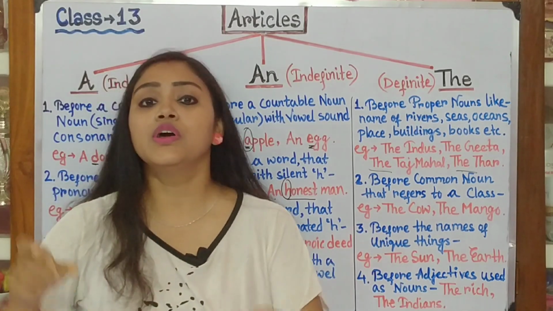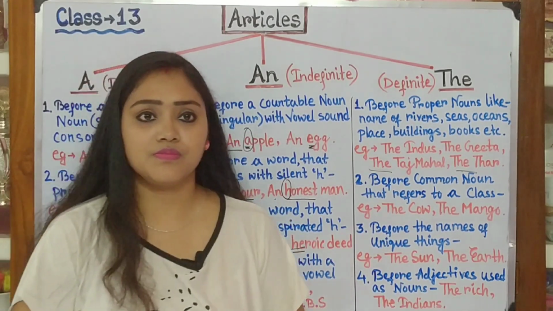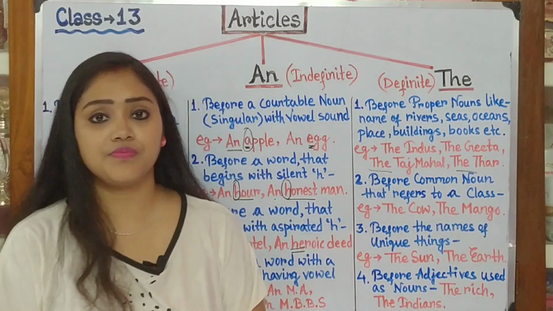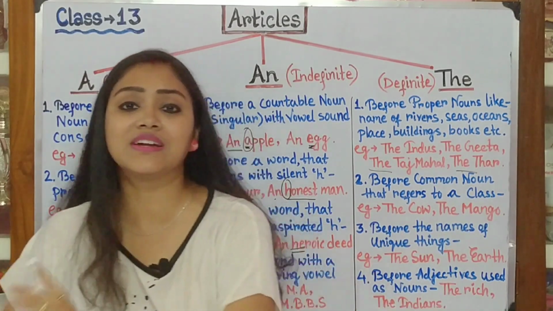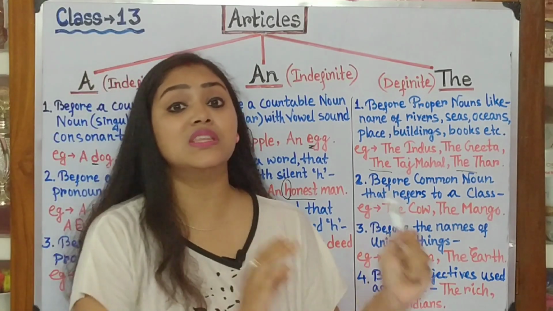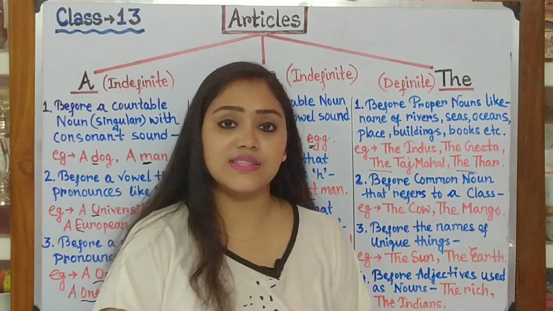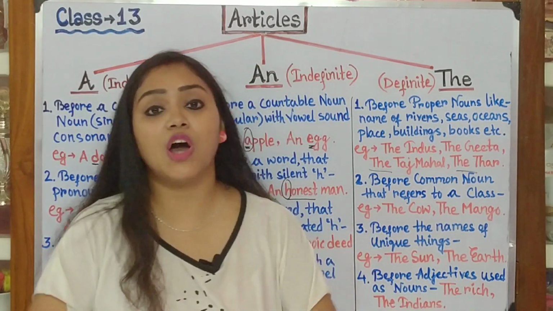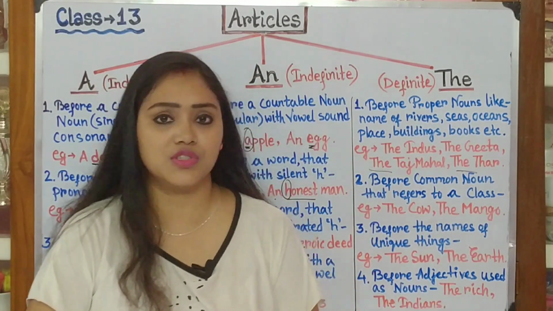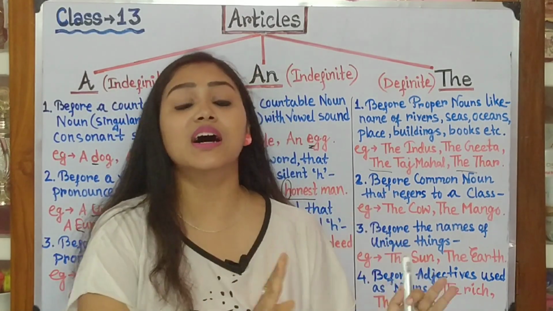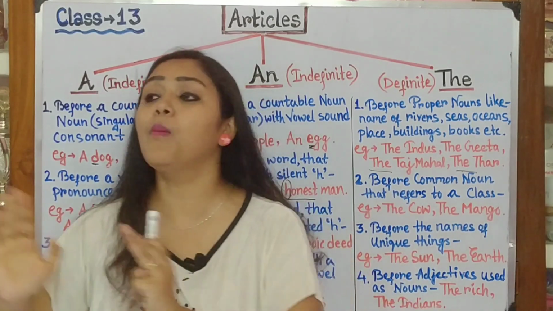The cow feeds on grass. So here I am talking about the whole cow community. Next one is the mango. As you can see, I am talking about the whole family of mangoes. So in such case we can use the cow, the mango.